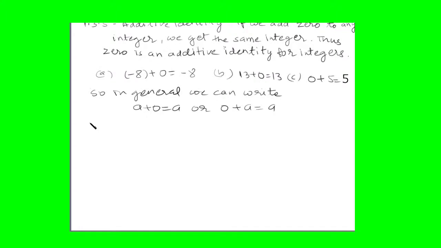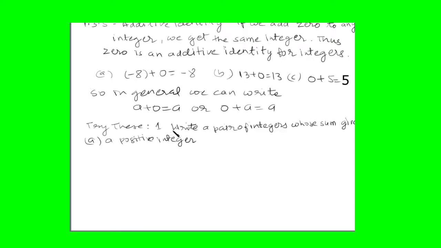Based on the above properties, we solve some questions from Try These from the book. The question is, write a pair of integers whose sum is, part A, a negative integer.